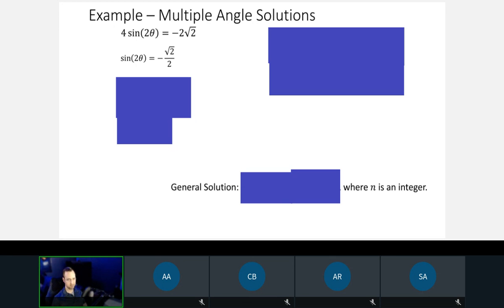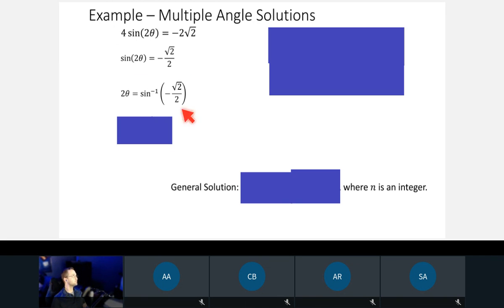Pretend it's just theta for right now. What do we do next? Inverse sine both sides. Yep. So now I have 2 theta equals inverse sine of that stuff. So we're going to ignore the 2 theta for right now, and deal with this.